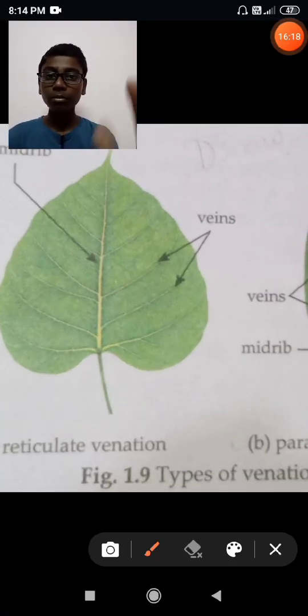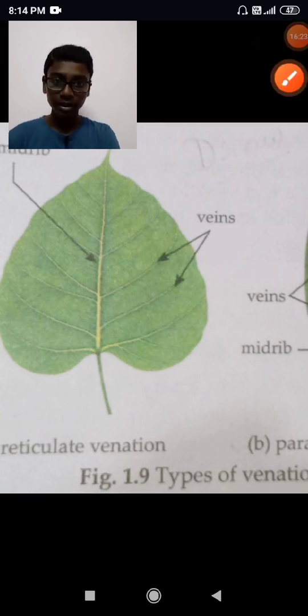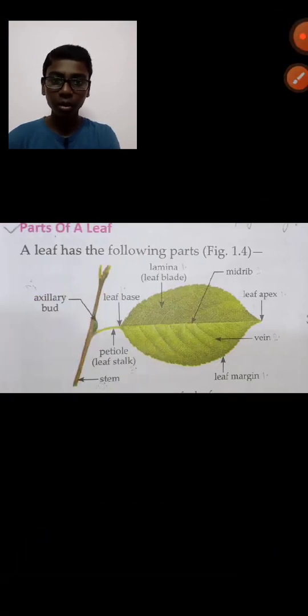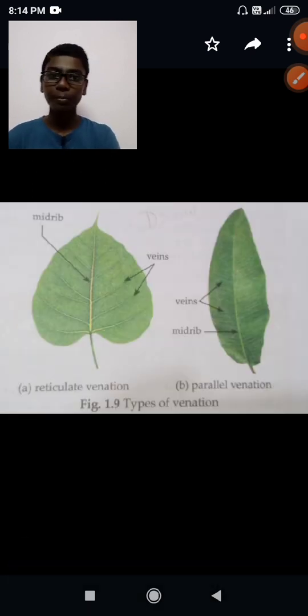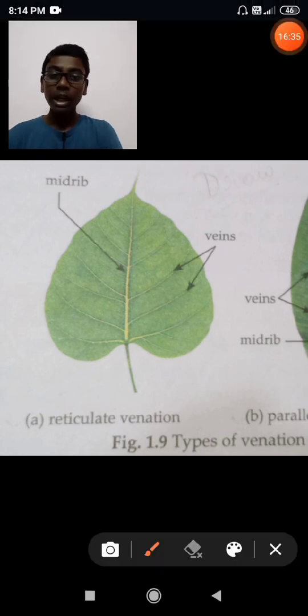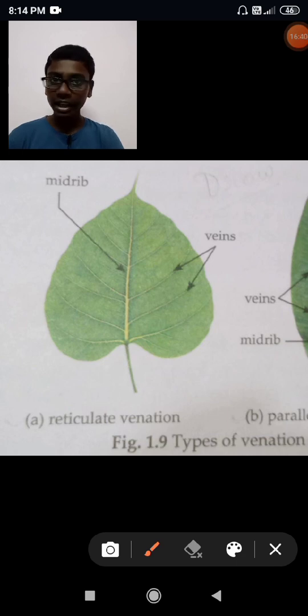Now you already know what a vein is. Veins give support to the leaf, and they are present on both sides of the midrib. The arrangement of veins is not the same in all leaves of all plants.